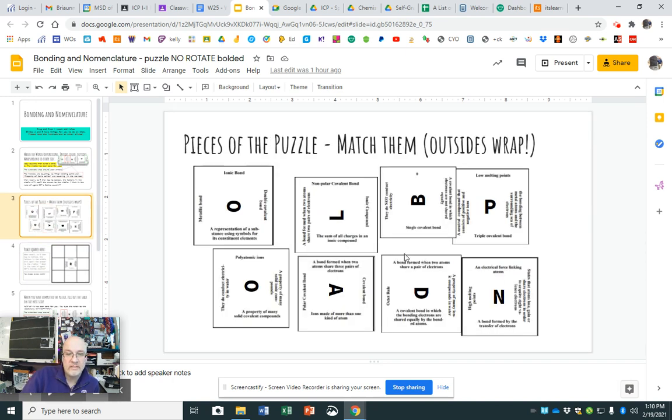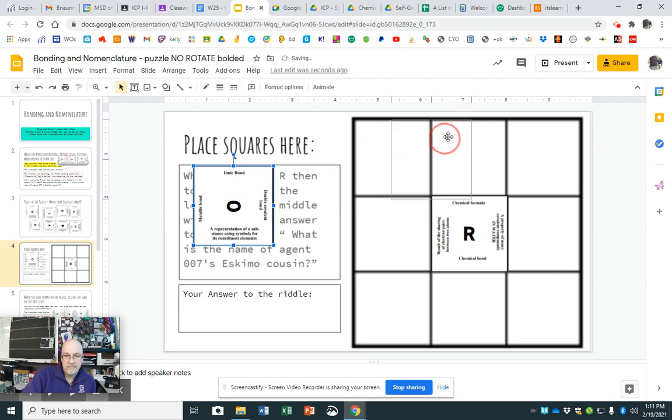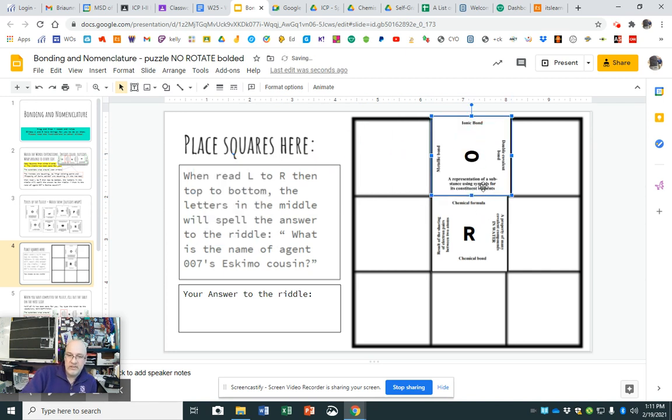A chemical formula is a representation of a substance using symbols for constituent elements. I'm going to copy it and put it right here, so these two things go together.